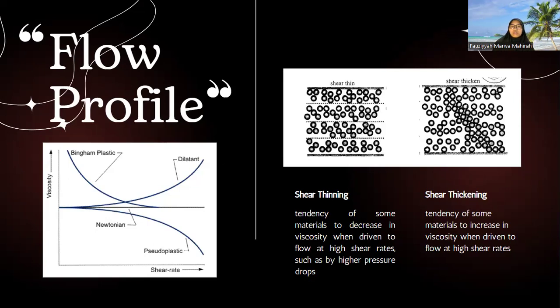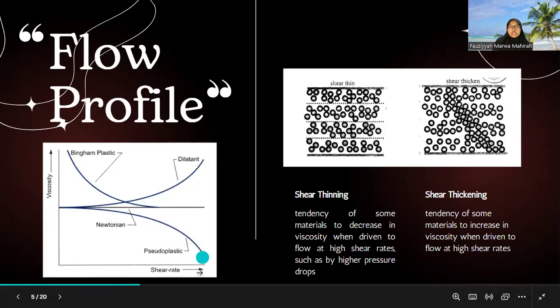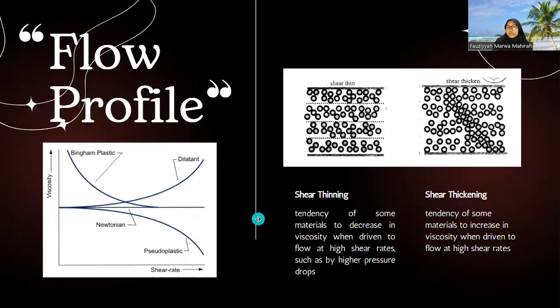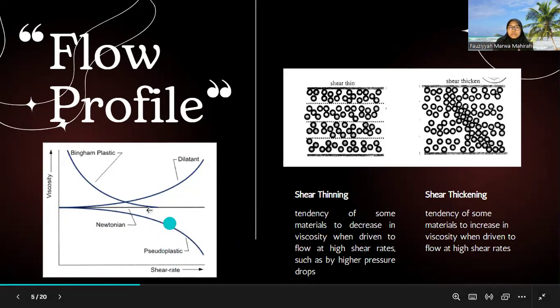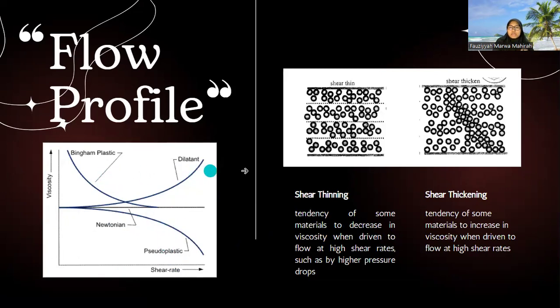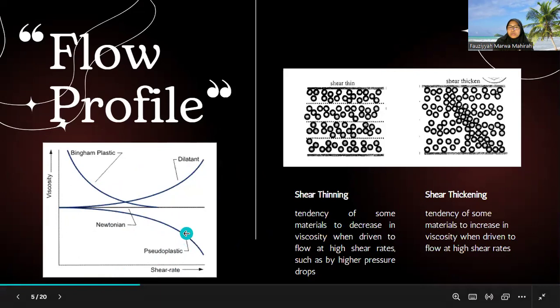So if we look at a graph of viscosity and shear rate, it does nothing. It's basically just a straight line, which means that if you give any force, it will stay the same. Well, there are also three other types, which are Bingham plastic, dilatant, and pseudoplastic.